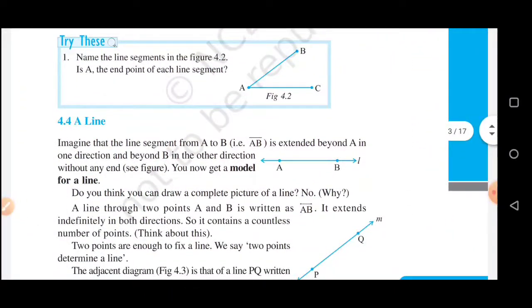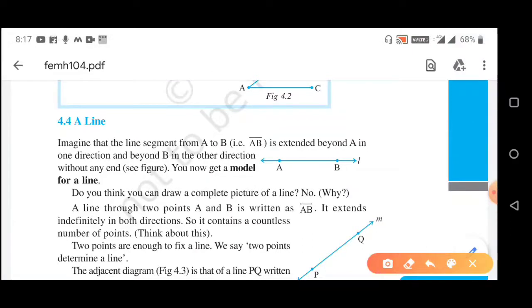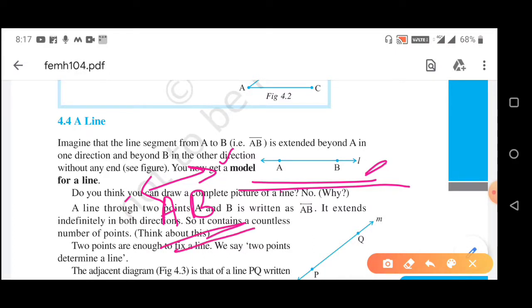Now what is a line? A line has no endpoints. Suppose like this, here we will represent this line in this way. We will give two arrows. It has no endpoints. So we can denote the line by L, line L, and we can also denote it by AB, and the symbol will be a two-sided arrow above AB.